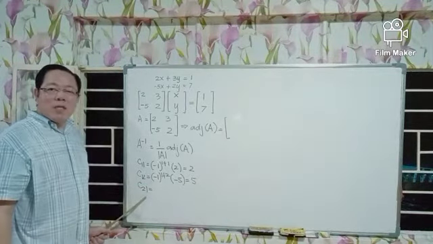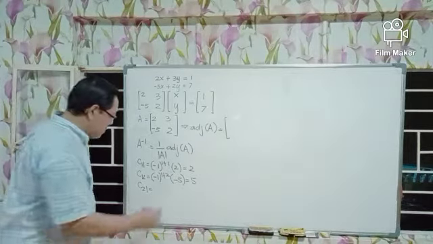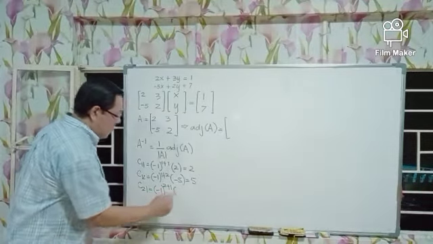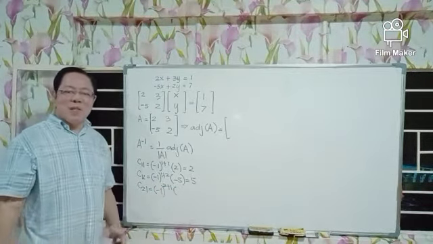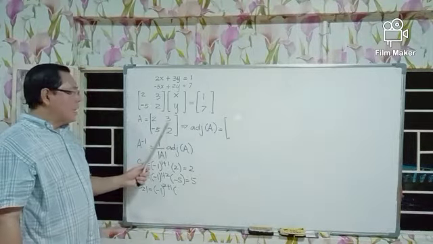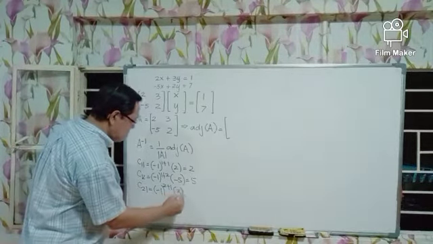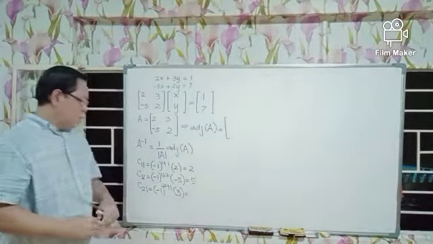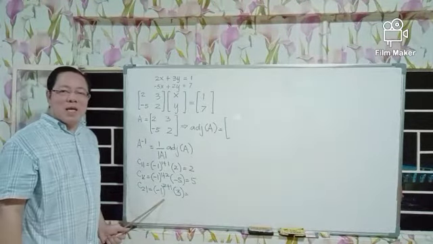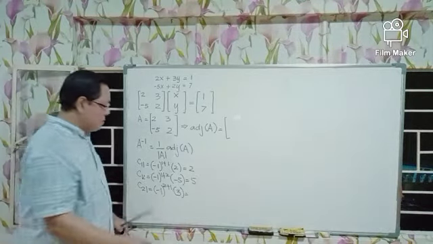And C sub 21 is equal to negative 1 raised to 2 plus 1, multiplied by the determinant that remains after deleting the second row and the first column. And you get 3. You have negative 1 raised to 2 plus 1 is negative 1 raised to 3 is negative 1, multiplied by positive 3, that's negative 3.